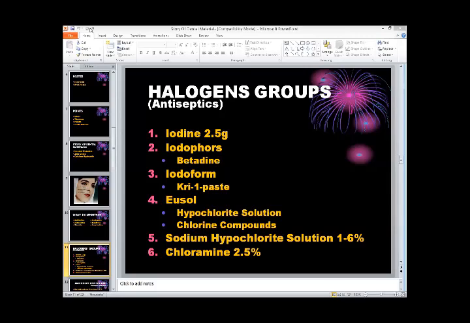It has a quality to wipe off every fragment from the canal, or we use this alone also. It is very effective against gram-positive and gram-negative bacteria. It has a bacteriostatic action.